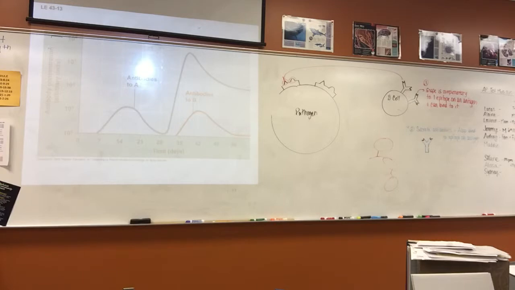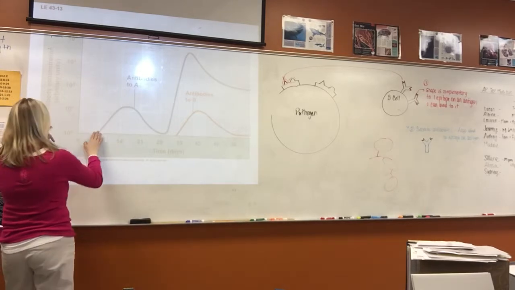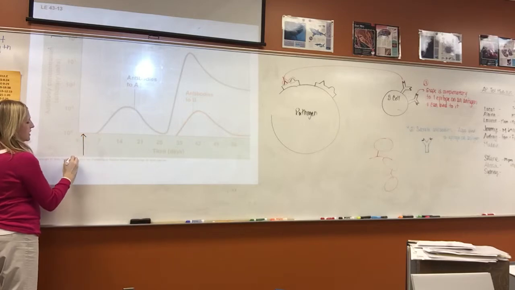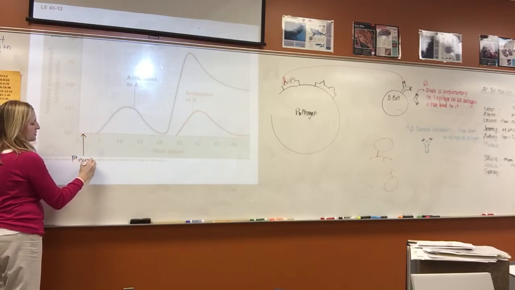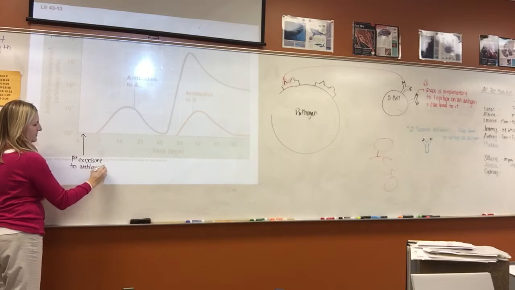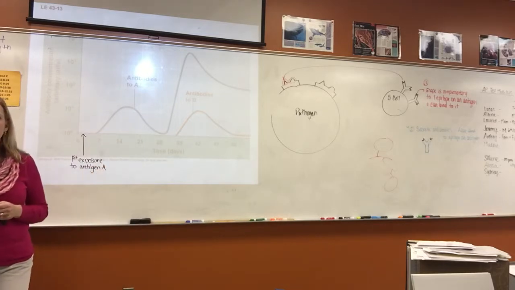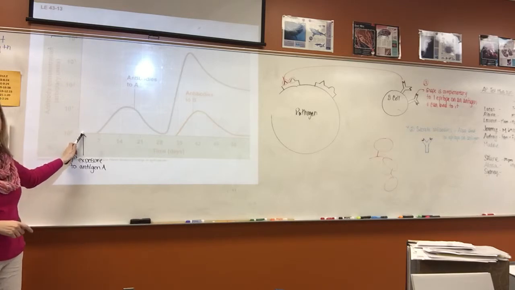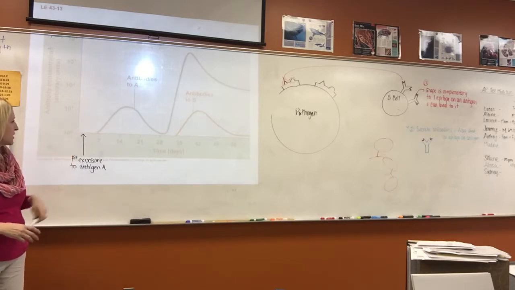So let's look at my blue line here first. There's two different lines on here. Let's look at this one here. I'm going to put an arrow here to illustrate that right about here is this person's first exposure to antigen A. So that means in their lifetime, right here, what about day 2 in this graph?